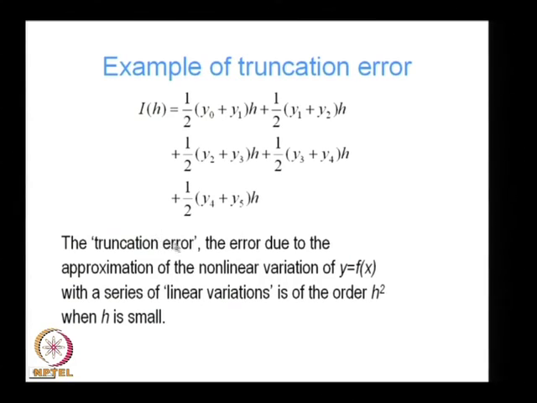The truncation error, the error due to the approximation of the nonlinear variation of y equal to f of x with a series of linear variations, in our case these trapezoids, is of the order of h square when h is small.